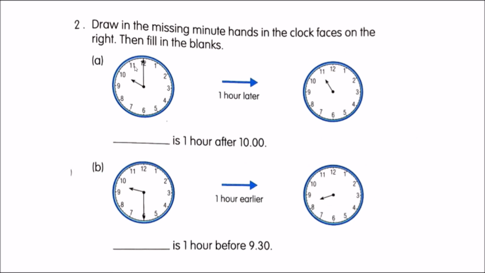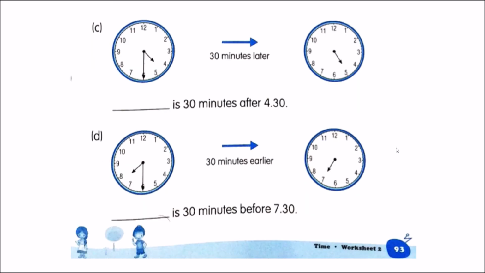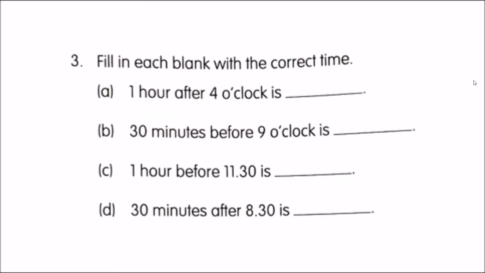So I have to move clockwise. It will be 11 o'clock. 11 o'clock is 1 hour after 10 o'clock because I move clockwise. And you can try the rest on your own.